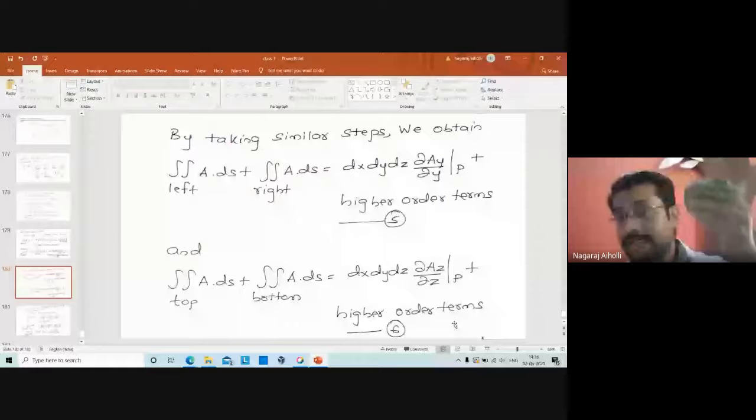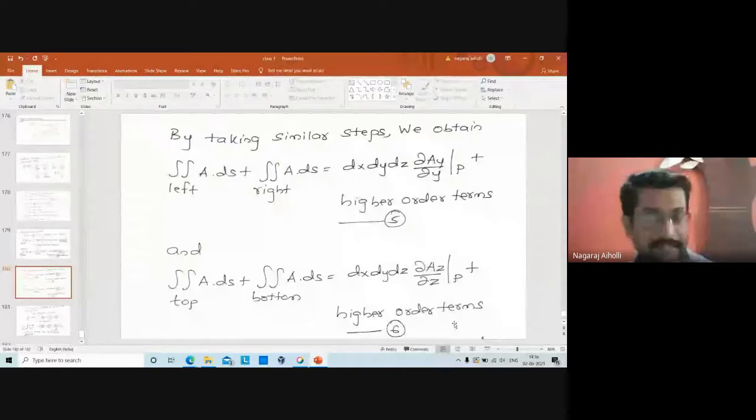Similarly, let us find the left surface and the right surface integral. By taking similar steps we'll obtain, we'll write it directly, it is not necessary to again use the Taylor series. Left is double integral a dot ds plus right integral of a dot ds, that is equal to dx dy dz into this one. How will we get this here?